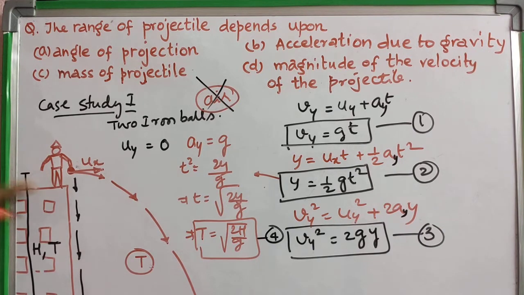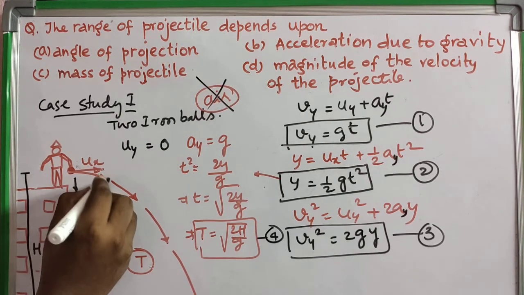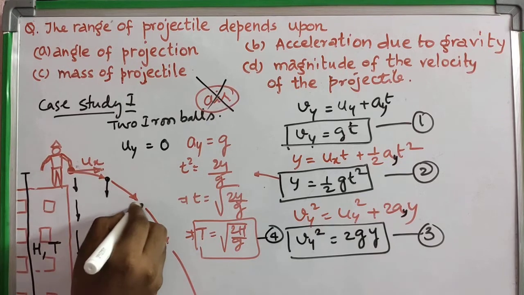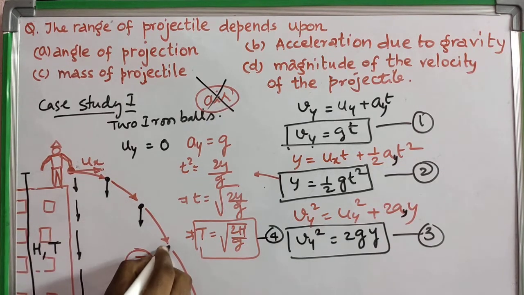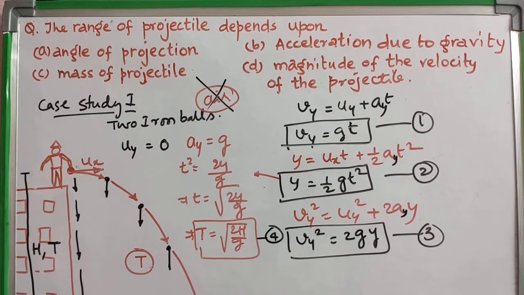So what is the acceleration acting on the body at any point of time? It is equal to g, downward here, downward here, downward here, and that g is always constant. The g is always constant in a constant direction, uniform acceleration.